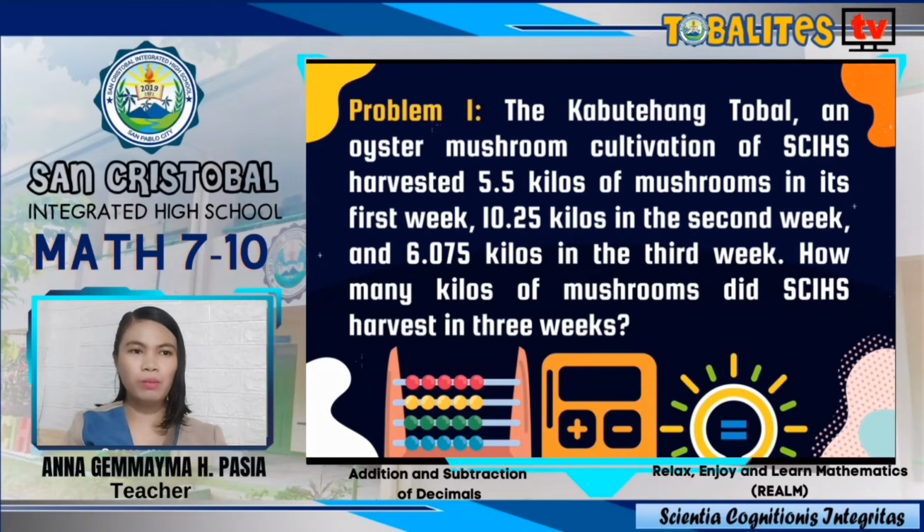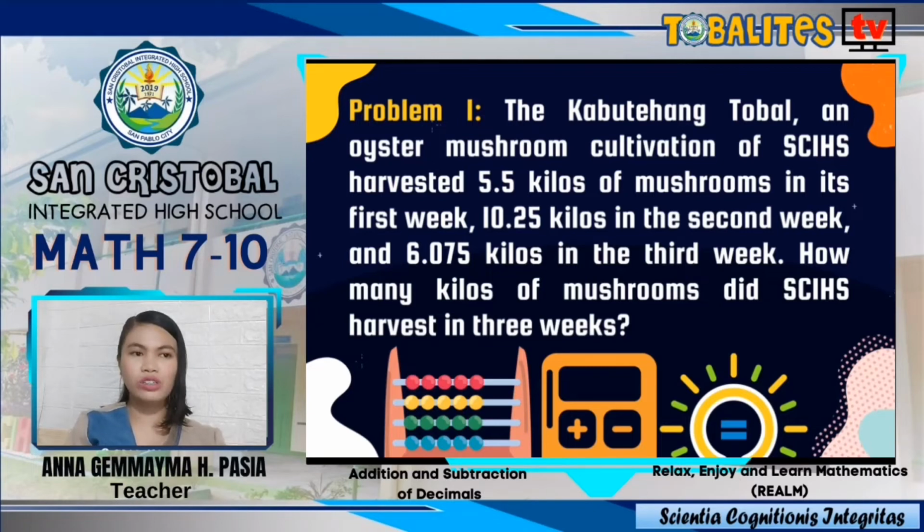For problem number 1, the Kabutehang Tobal, an oyster mushroom cultivation of San Cristobal Integrated High School, harvested 5.5 kilos of mushroom in its first week, 10.25 kilos in the second week, and 6.075 kilos in the third week.